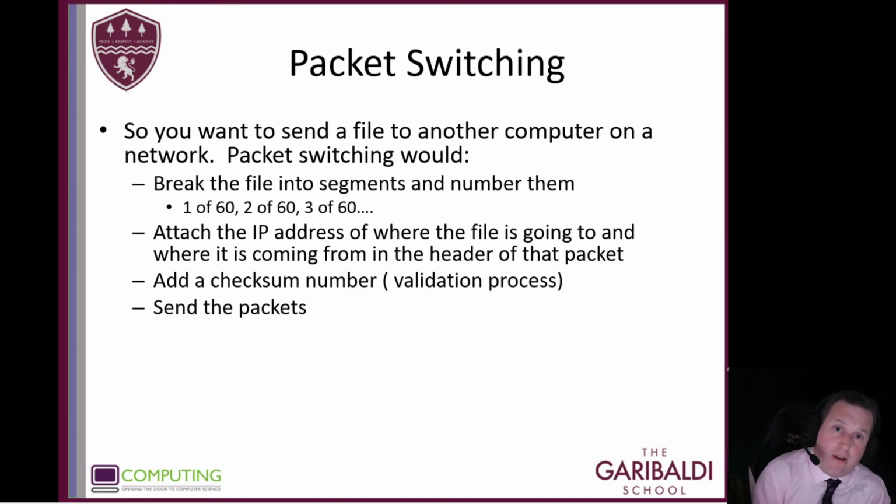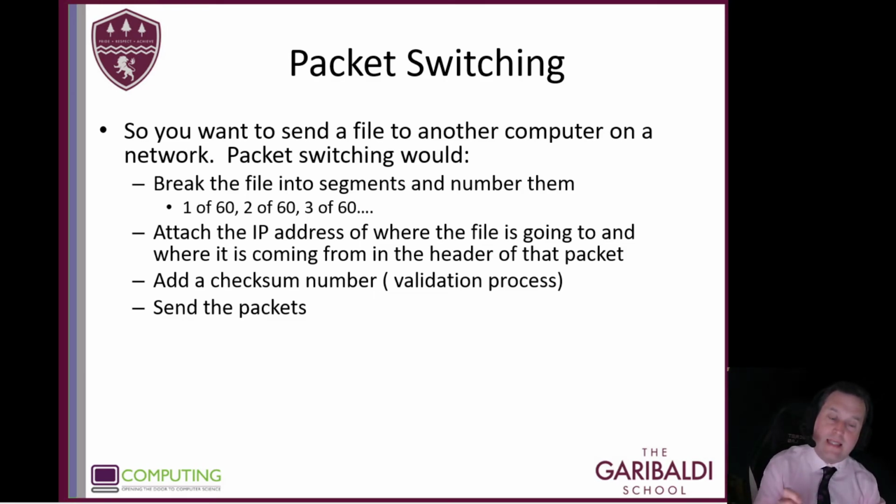The thing about the error checking is that it happens on every single move. So from one node to another, as it's moving across the network, that checksum's performed, and if there's an error, it then resends that one packet before it moves on. And by doing that, you actually speed up the file transfer, because if you sent the whole thing and something went wrong, well, you've got to send the whole thing again, right?